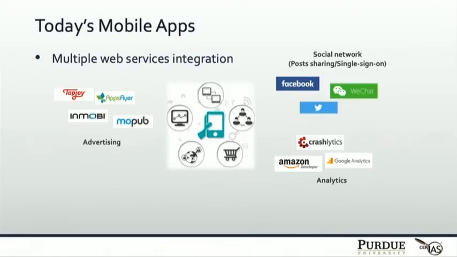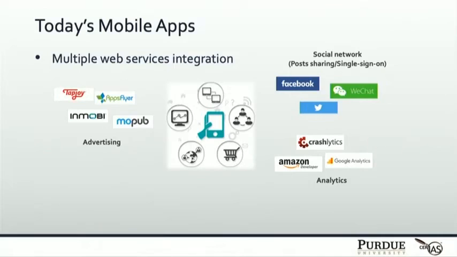Okay, as we know, today's mobile applications are more composed than written, meaning that there are many third-party libraries integrated into the apps. It is very common that an app may integrate some ad libraries, like Mobi, AppsFlyer, etc., for monetization. Also, the app could integrate a variety of social network SDKs.